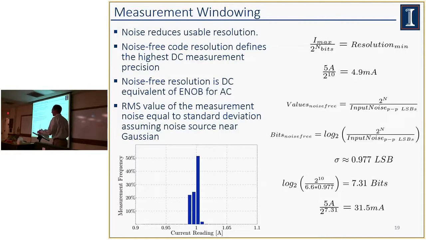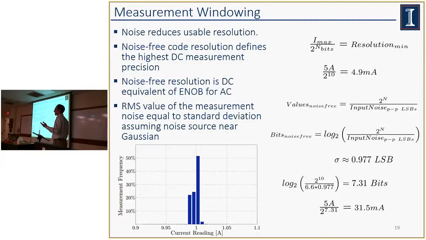So this looks pretty. Can we evaluate this a little bit more quantitatively? This is not a discussion on signal assessment, noise assessment. All I'm going to do is quickly show you that yes, in fact, this approach does help us. Basically, there's a characteristic for ADCs called noise-free code resolution.